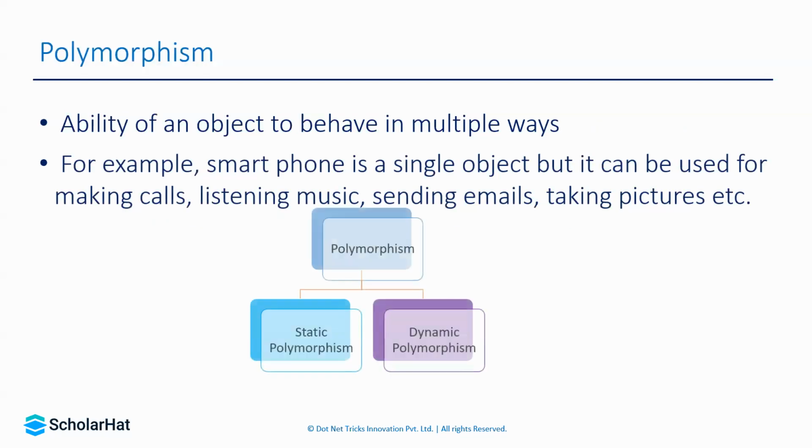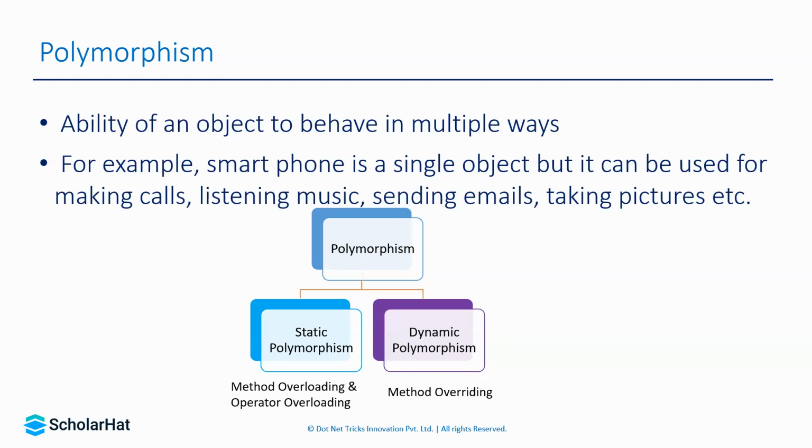The next one is polymorphism. Polymorphism is about the ability of an object to behave in multiple ways. When it comes to the ability to behave in multiple ways, that comes under polymorphism. Just take the example of yourself.